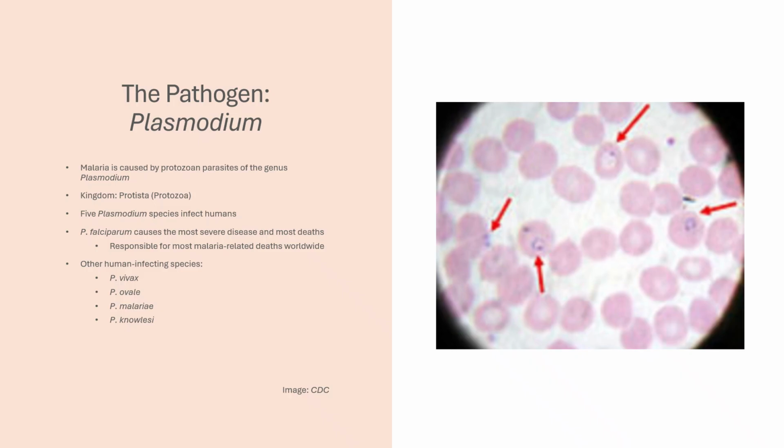It's responsible for the majority of malaria-related deaths because it can rapidly infect large numbers of red blood cells and lead to severe complications. You can see the microscopic image here demonstrates Plasmodium parasites inside infected red blood cells. So this is something that physicians and healthcare workers would see when diagnosing somebody with malaria.